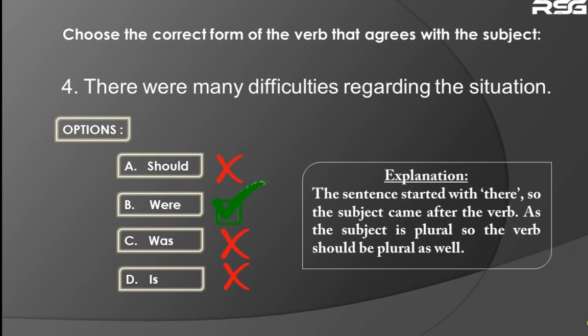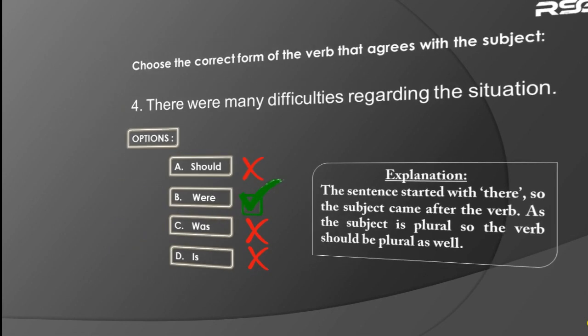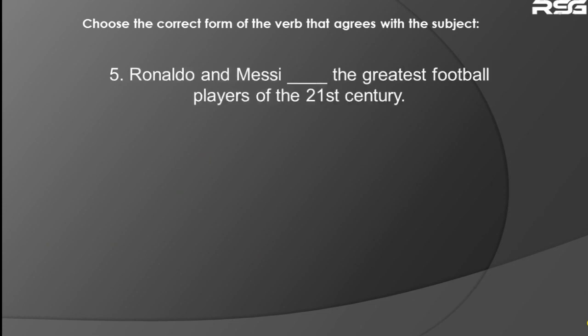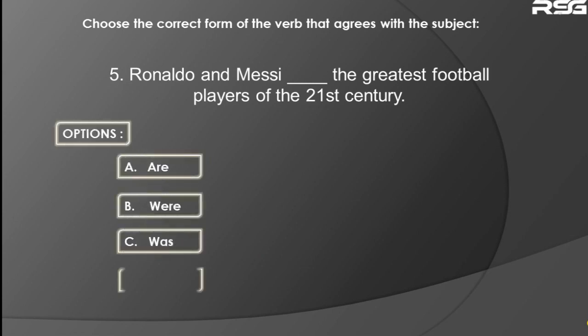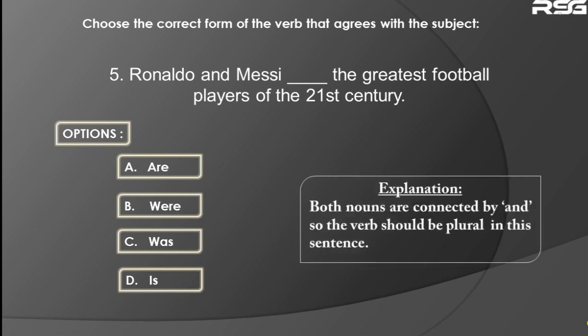Right, now let's switch on to the next sentence, sentence number 5. Ronaldo and Messi dash the greatest football players of 21st century, and the options are were, was, is. Now see, both the nouns, that is Ronaldo and Messi, are connected with what? And. So the verb should be what? Plural in this sentence. You understood?